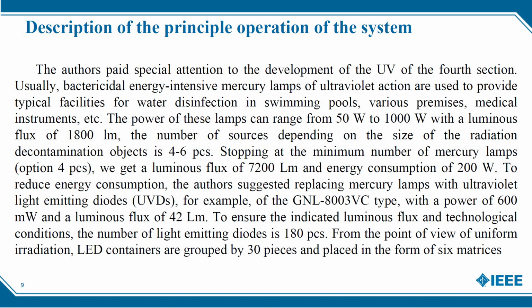To ensure the indicated luminous flux and technological conditions, the number of light emitting diodes is 180 pieces from the point of view of uniform irradiation. LEDs are grouped by 30 pieces and placed in the form of 6 matrices.